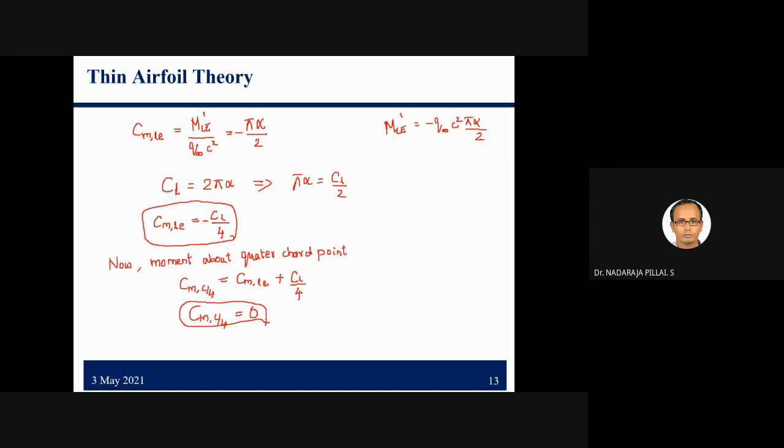So the center of pressure, right? The center of pressure is the point about which the aerodynamic moments are 0. Right? The other definition we have given some time back.